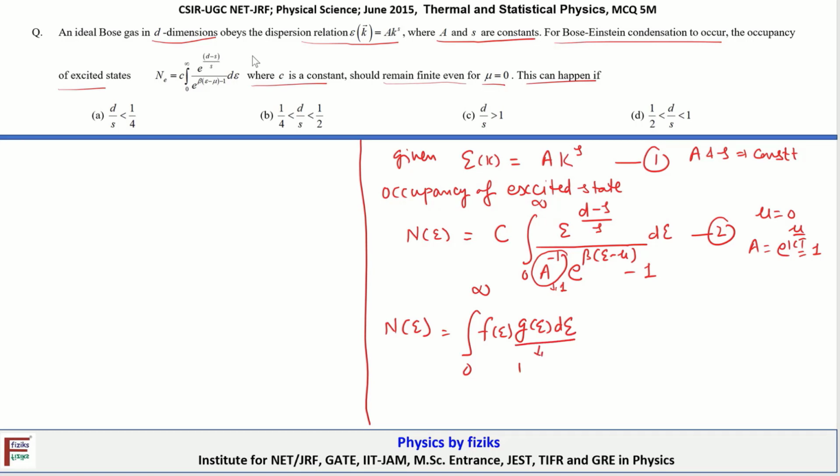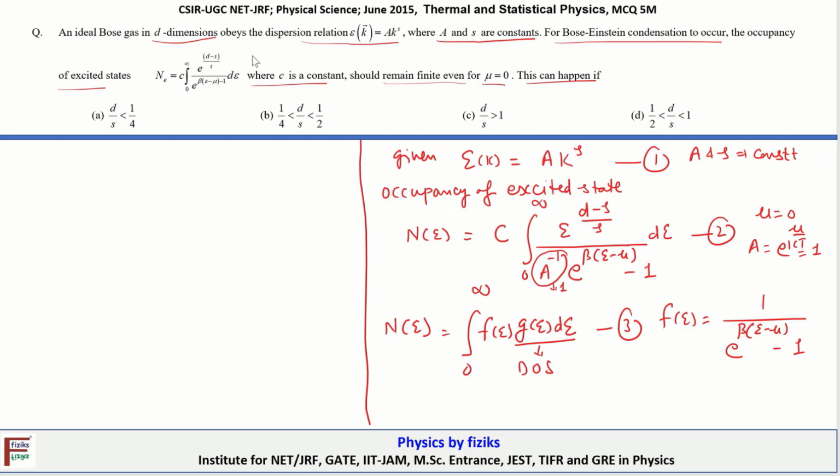Let me call this equation 3, and f(E) is the Bose-Einstein distribution function, f(E) equal to 1 upon exponential beta E minus mu, minus 1. Here we are going to discuss the case of three-dimensional relativistic and non-relativistic particles, as Bose-Einstein condensation is not feasible in 1D and 2D.